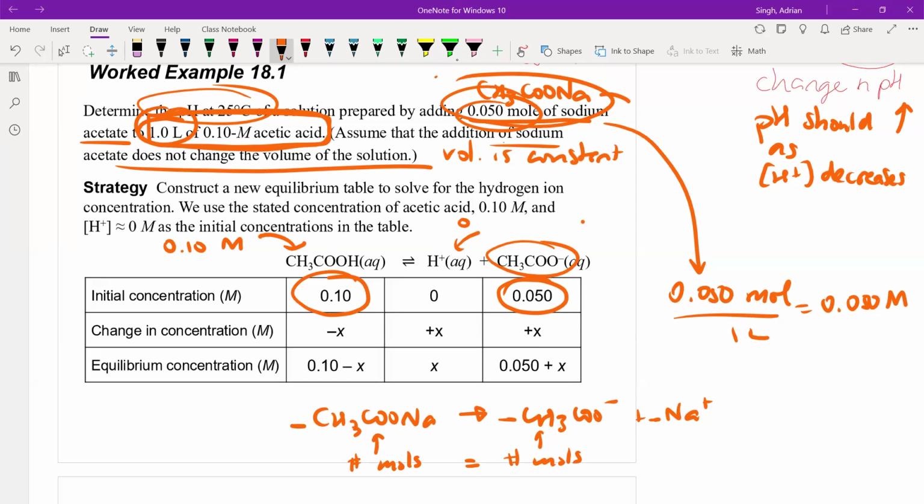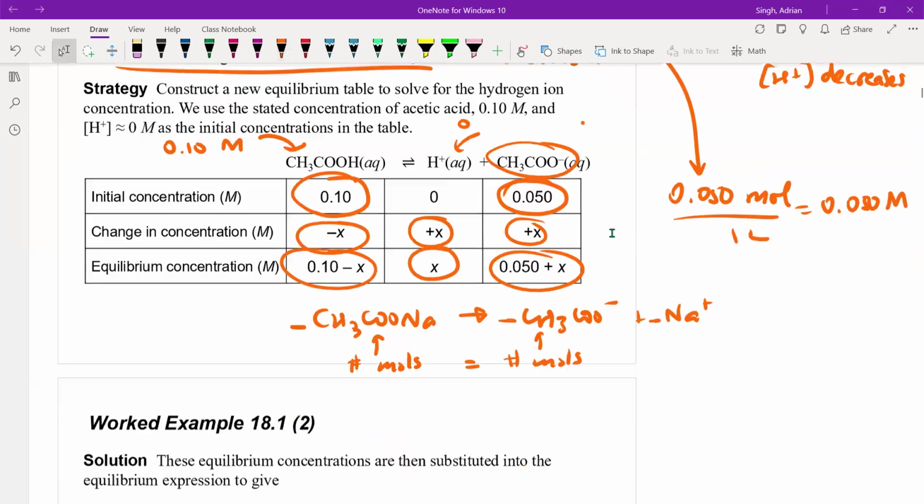So as this reaction proceeds, right, we can predict then what is going to occur in this case. We're going to, again, use up some of the reactants. We're going to lose X amount of the reactant. We assign that as X. And we'll lose that. We're going to gain the same amount, stoichiometric amount of the products. So we have 0.10 minus X at equilibrium, X for the H plus at equilibrium, and 0.050 plus X at equilibrium for the acetate ion.